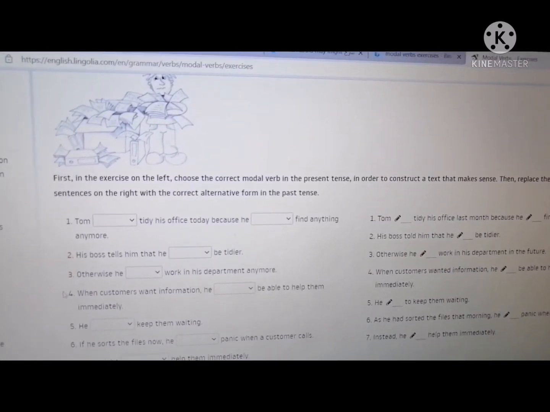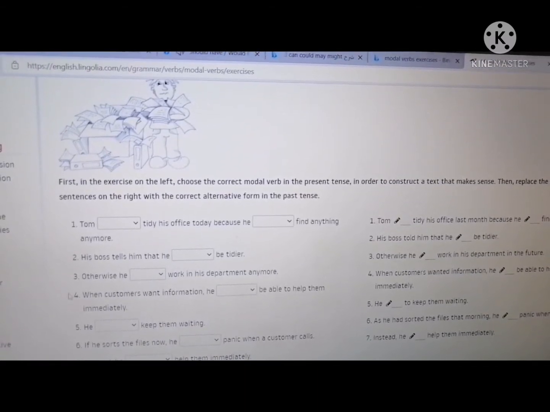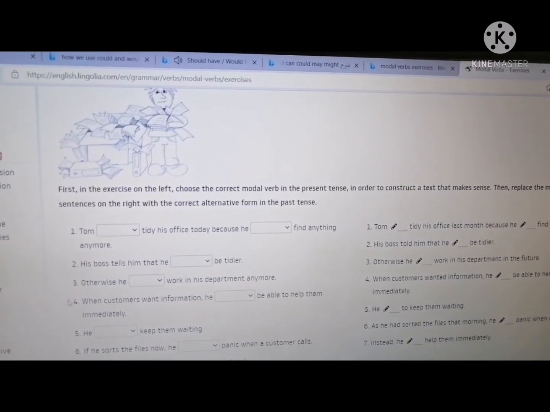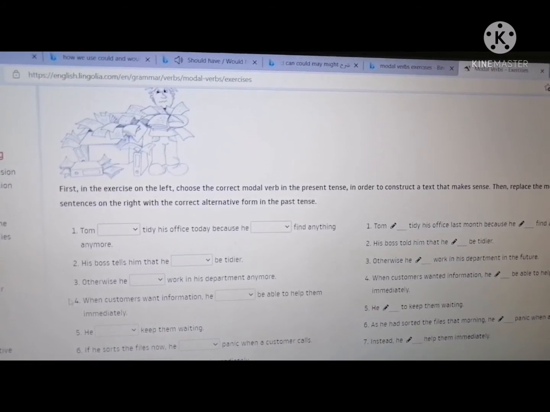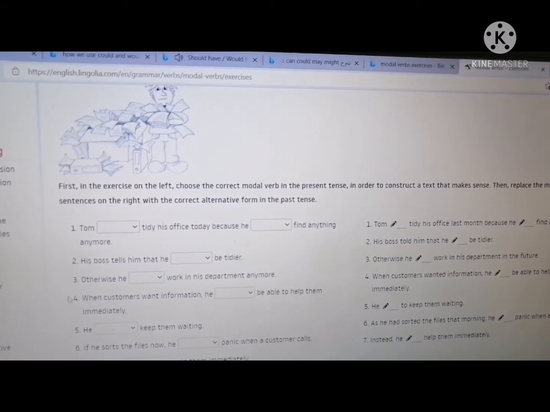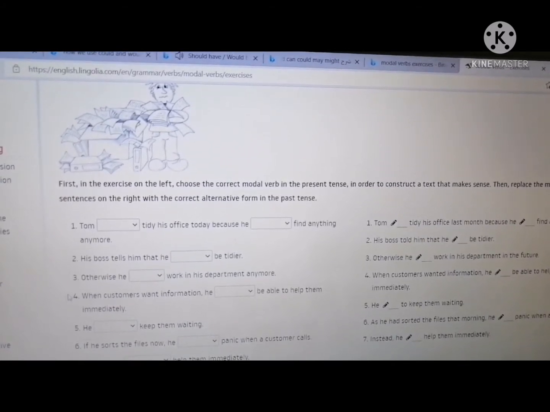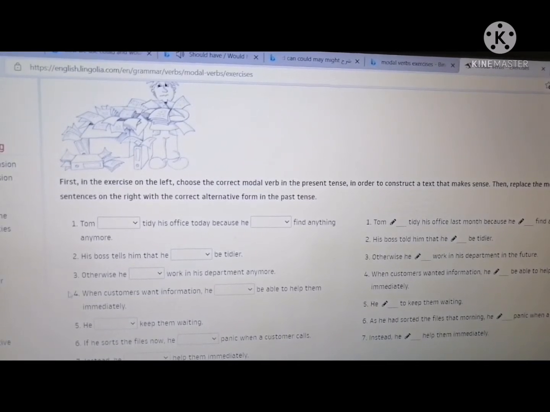Number 1, Tom blank tidy his office today because he blank find anything anymore. His boss tell him that he blank be tidier. Number 3, otherwise he blank work in his department anymore.